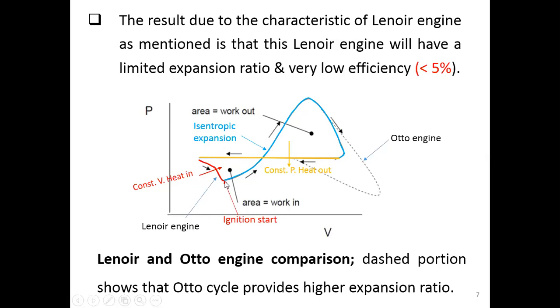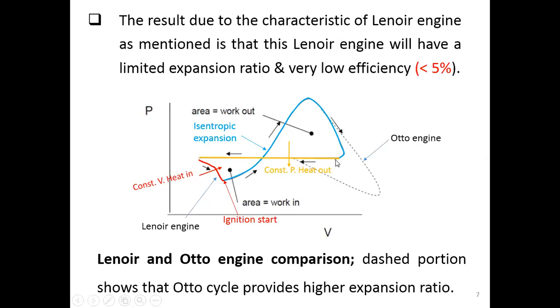The piston starts moving down, that's why you see the volume increase. Here, the piston starts moving up, so you can see the change of the volume, and then it's moving down, and then it's moving up again.